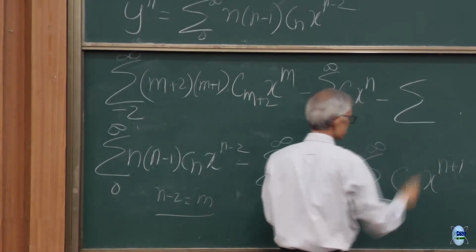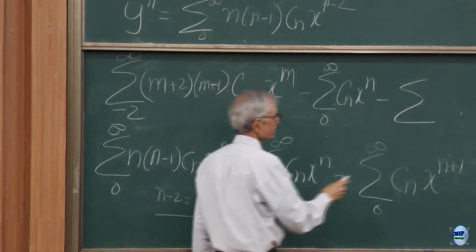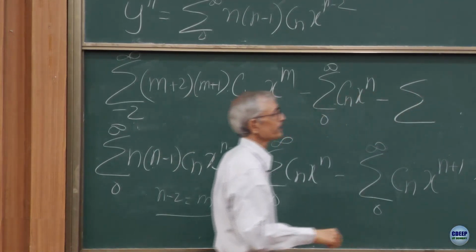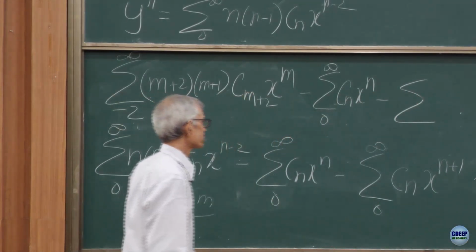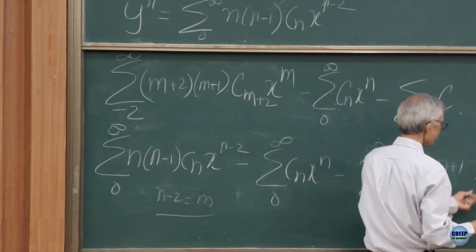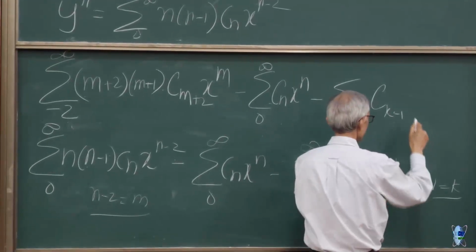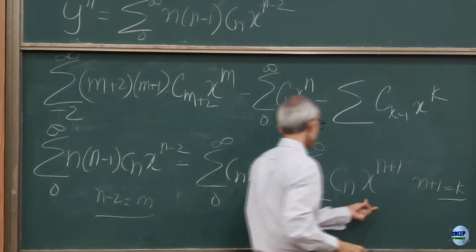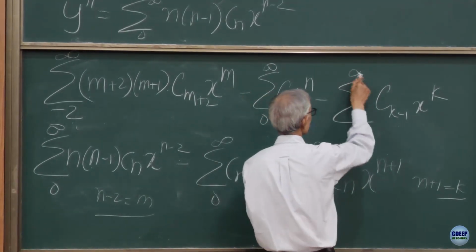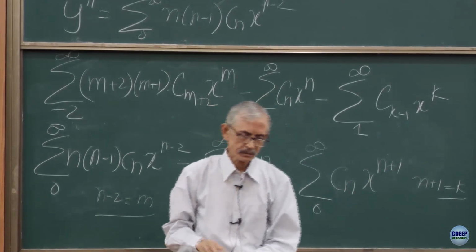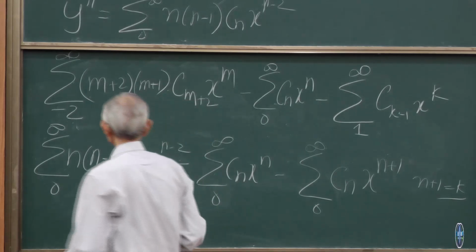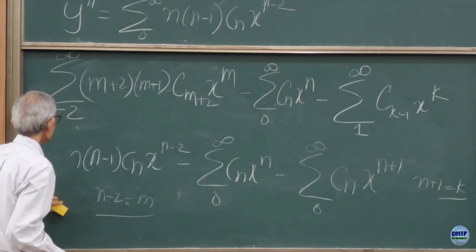And again, this next term here, I'm going to replace this n plus 1 with k, so n plus 1 equal to k, so you have got Cn is C k minus 1, and then x to the power of k, and when n is equal to 0, this goes from 1 to infinity. Okay, so this is where we were when we quit last time, and so we get rid of this one here.